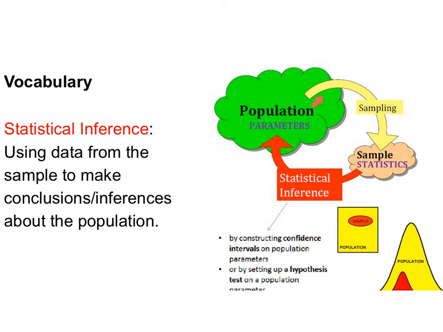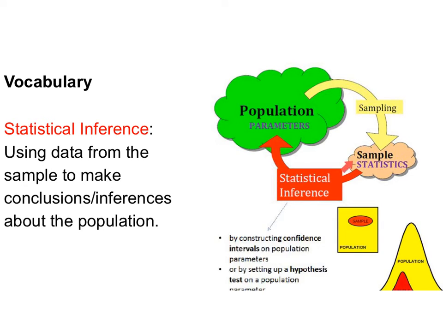Well, we've looked at different sampling methods, good sampling methods and biased sampling methods. A lot of times we only have a sample and some statistics about that sample. It's not typically feasible to know the parameters of the entire population.